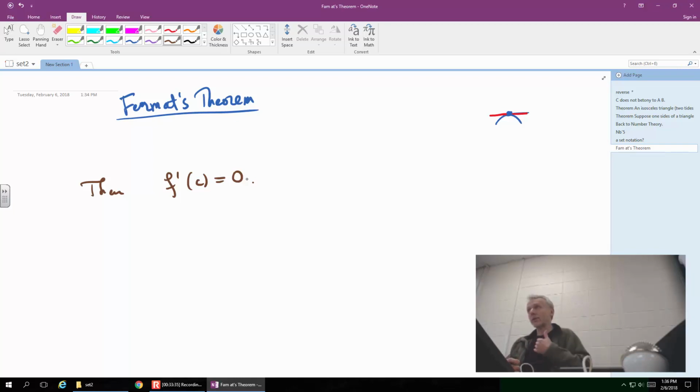It's easy to remember the punchline, but then you have to remember the preconditions, and you'd appreciate those conditions more when you have to prove the theorem. So at some point you have to learn how to prove Fermat's theorem. Okay, so what were the conditions?